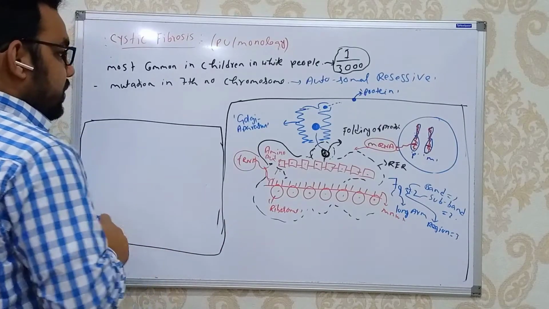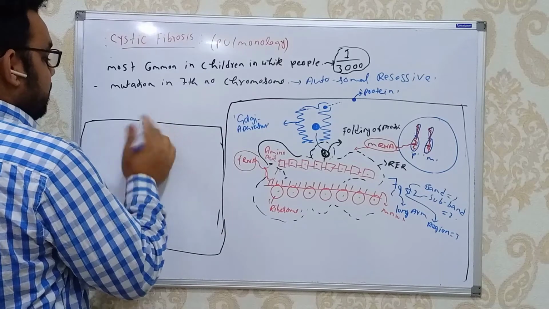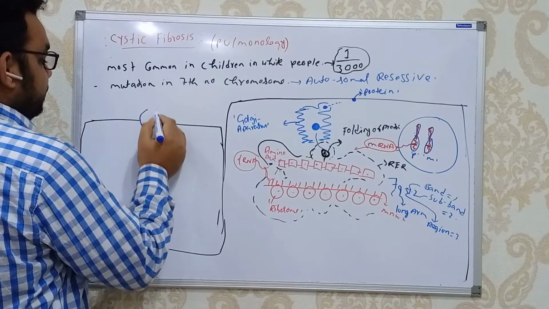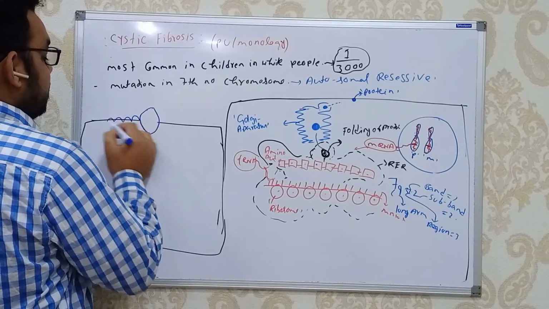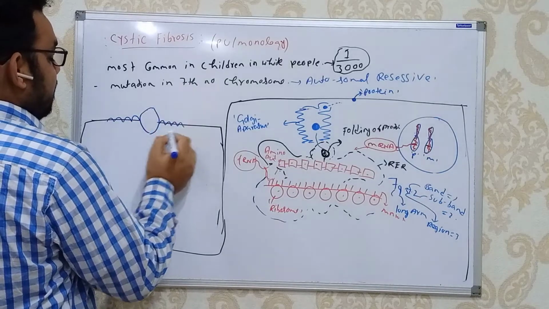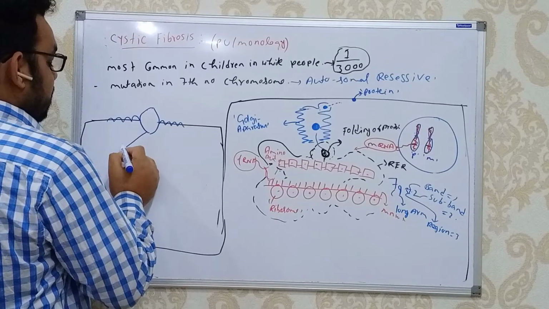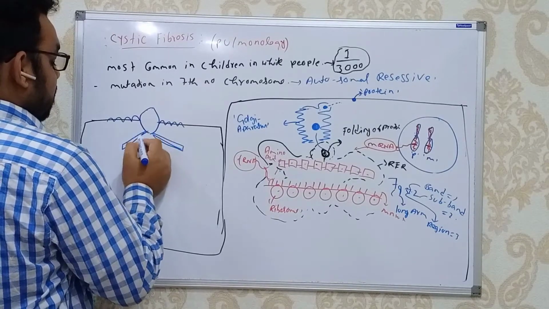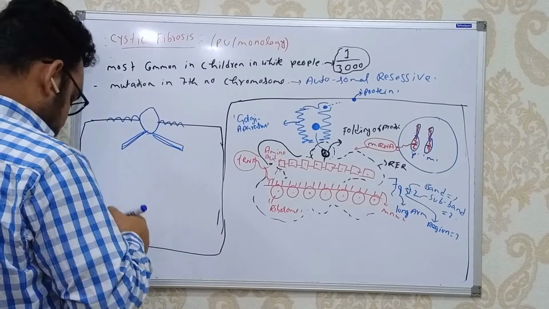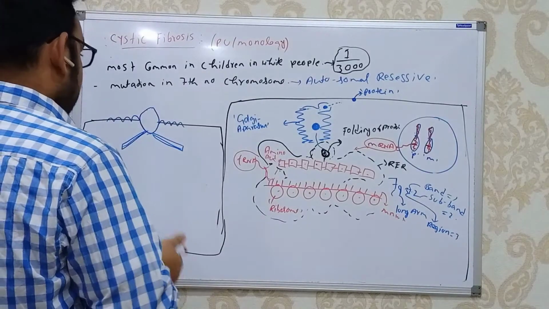If we see the structure of the protein first of all, the structure of the protein will be just like this. It will have two transmembrane parts, on both of its sides, and in these sides it will have extended parts, and it will also have one more part here. Okay.